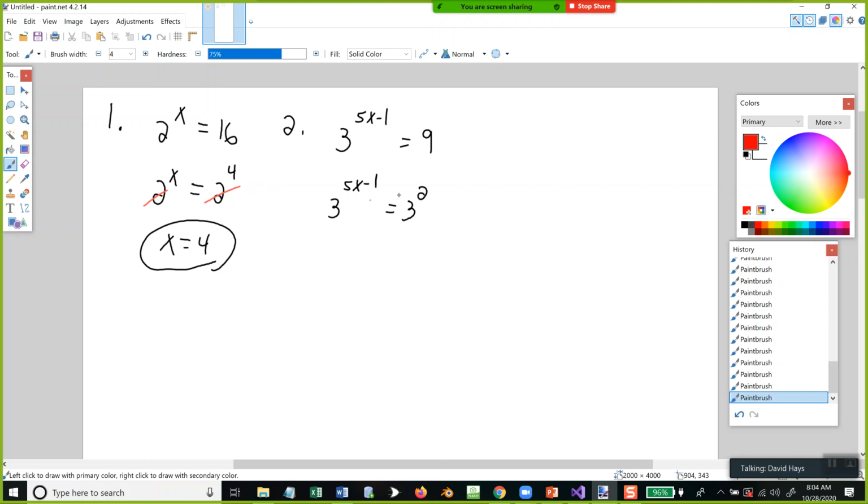So since they're both 3 to a power now, the 3 is going to cancel, and we set the exponents equal to each other. So I got 5x minus 1 equals 2. And then you solve it. Usually it's linear. Here I'll take negative 1 over, it becomes a positive 1. Then we get 5x is equal to 3. Divide both sides by 5, and we get x is equal to 3/5.